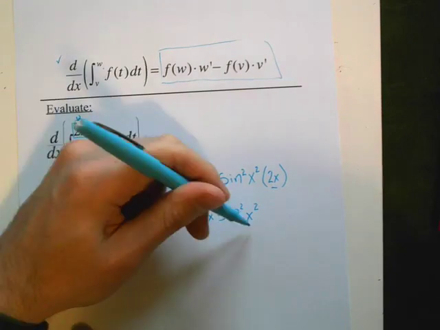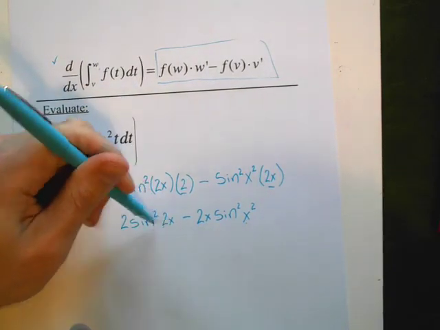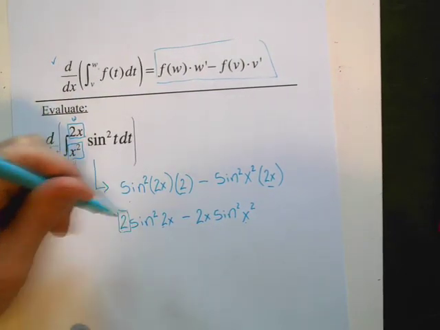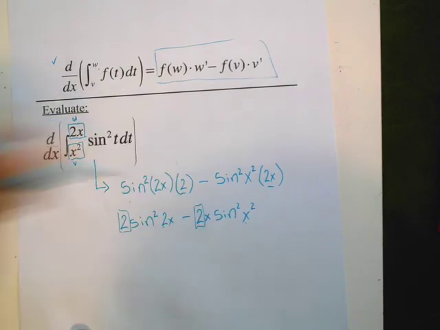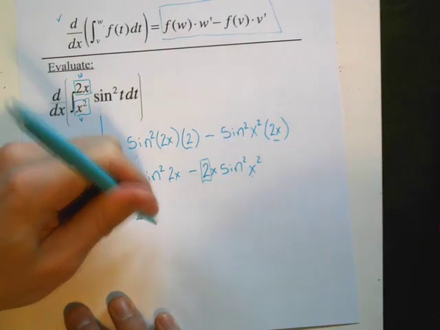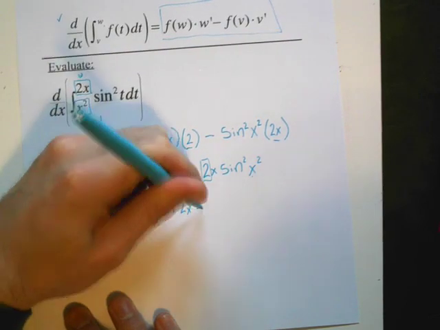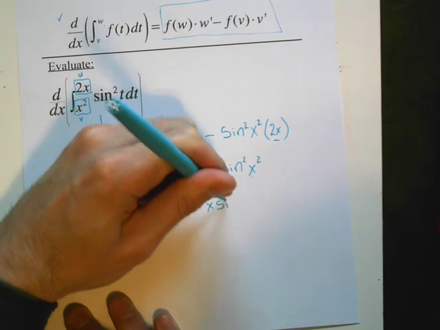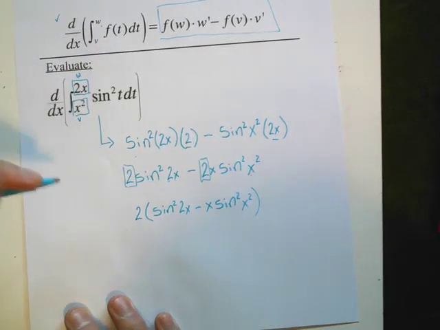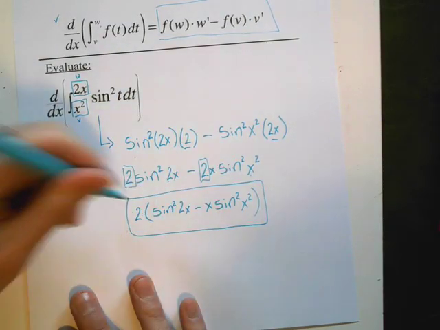This is a 2x, this is an x, so it's not like you can factor out a sine or anything like that. Remember, the 2x and the x are attached to the sine. But what you could probably do here is factor out a 2. Just to simplify it, I could say 2 times parentheses sine squared 2x minus x sine squared x squared, which looks like my final answer.